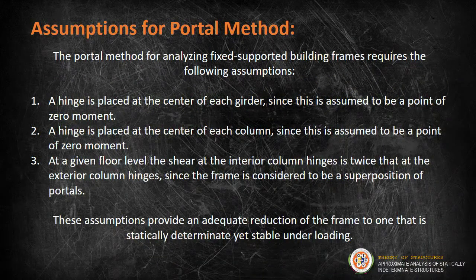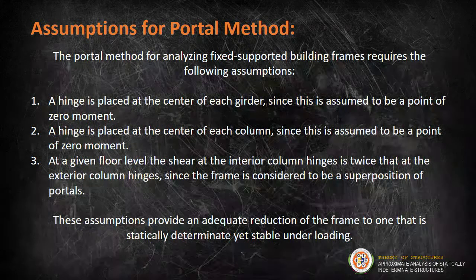The portal method for analyzing fixed supported building frames requires the following assumptions. Number 1, a hinge is placed at the center of each girder, since this is assumed to be a point of zero moment. Number 2, a hinge is placed at the center of each column, since this is assumed to be a point of zero moment.